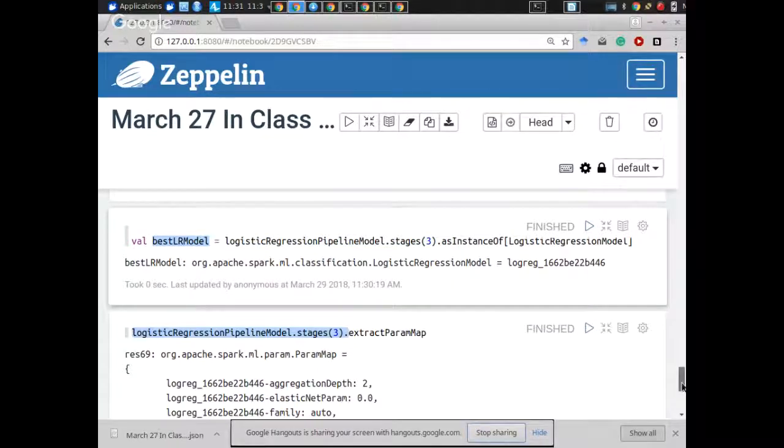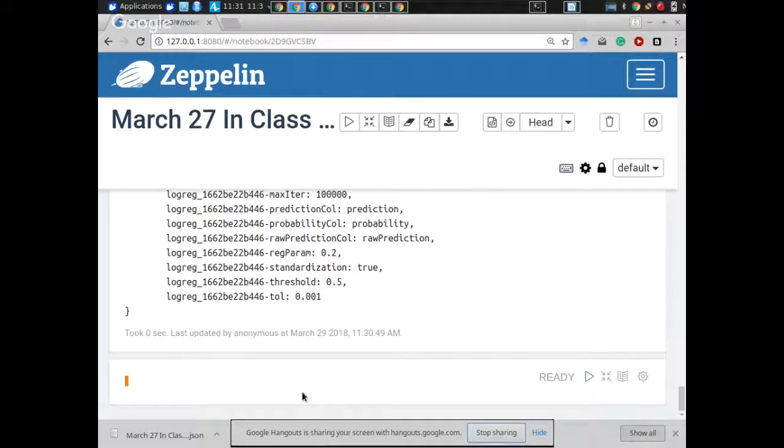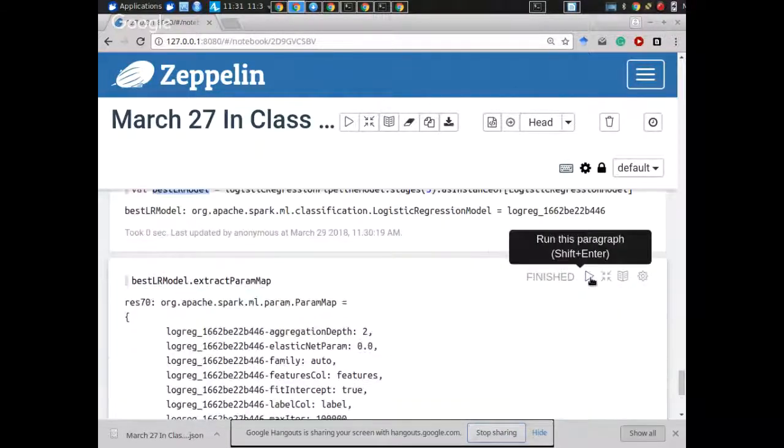We can actually get that through this best LR model that we defined. So here, this is an instance of that, and I could say, probably it would have been clearer if I just said best LR model dot extract param map. Here we are.